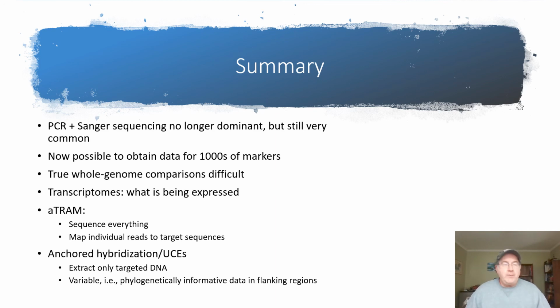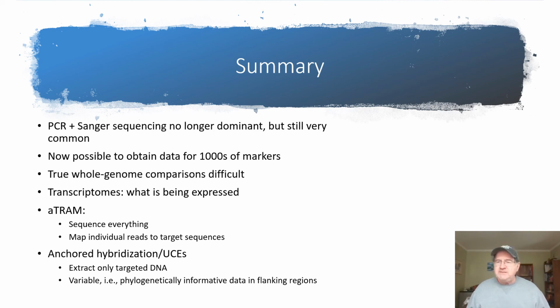While you can sequence and assemble whole genomes, direct comparison of whole genomes across organisms, particularly when they're not closely related, is difficult. And so what's typically done is to use one of these reduced genome techniques in order to focus your attention on particular parts of the genome for analysis.